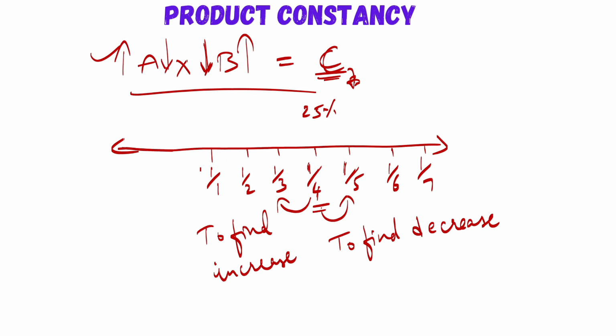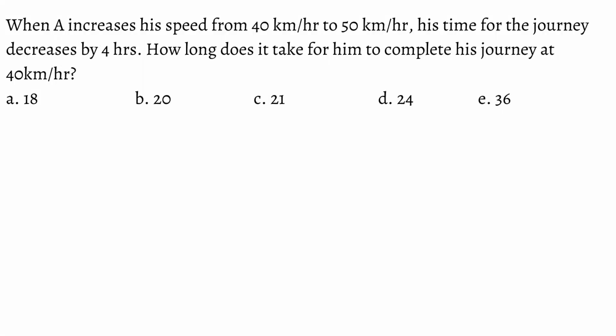So these are all percentage equivalents. 1 by 4 is 25%, 1 by 3 is 33.33%, right? 1 by 1 is 100%. So these are all the percentage equivalents. For instance, take this example. When A increases his speed from 40 km per hour to 50 km per hour, his time for the journey decreases by 4 hours.